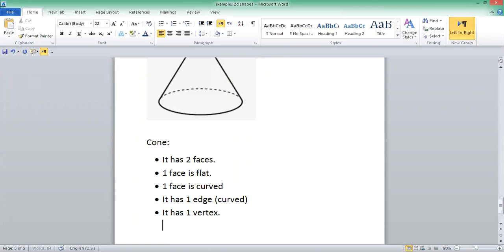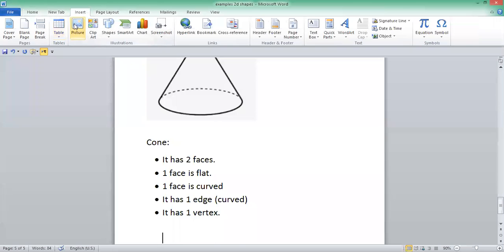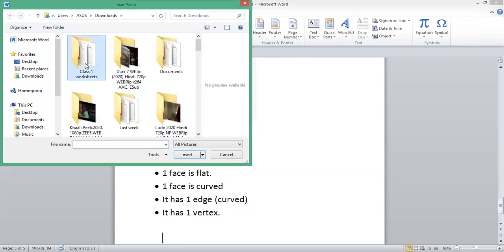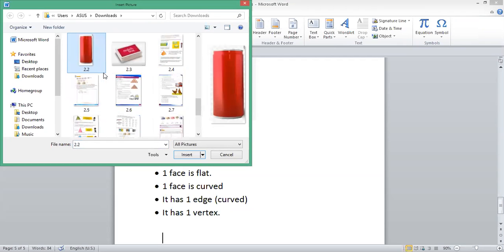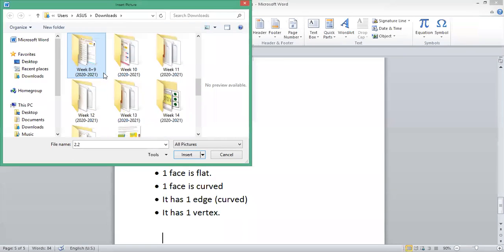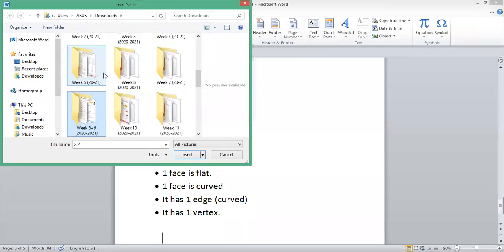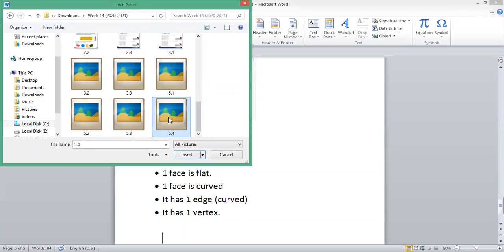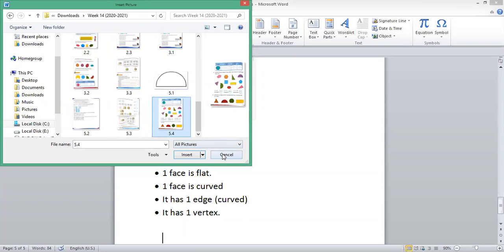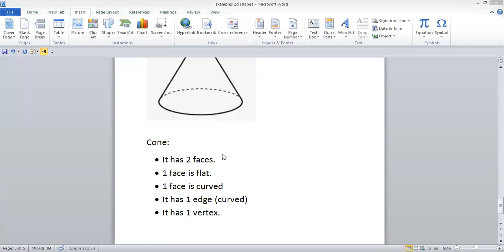Okay, now I'm going to draw one more shape. I'm moving towards a new shape. The next shape, guys, is the pyramid.